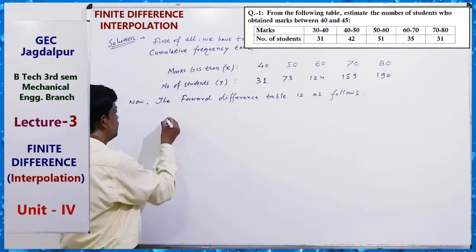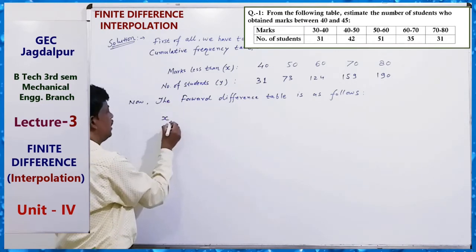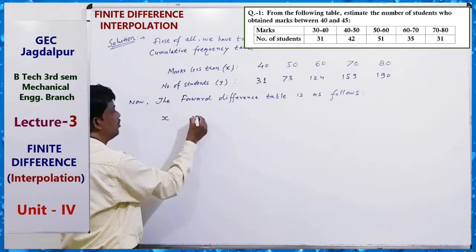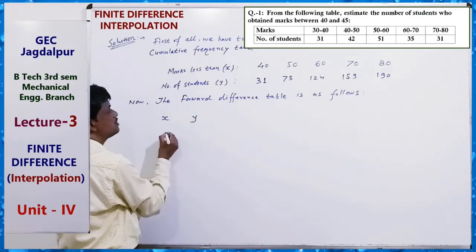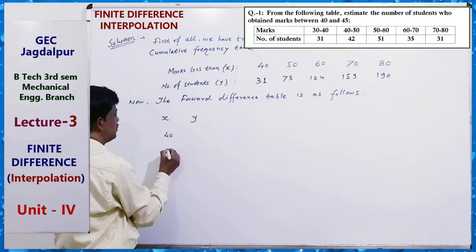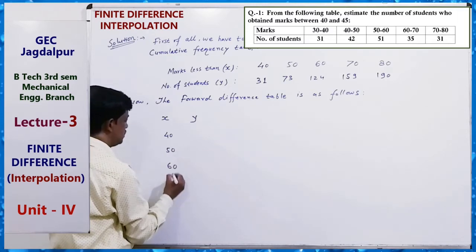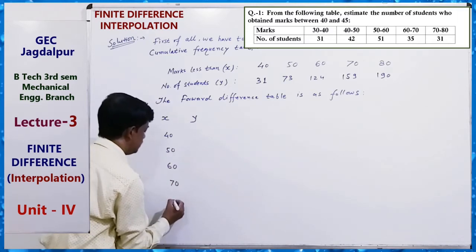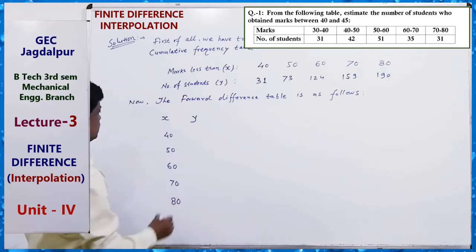So here the value of x and the value of y. The values of x are 40, 50, 60, 70, 80. Clear?